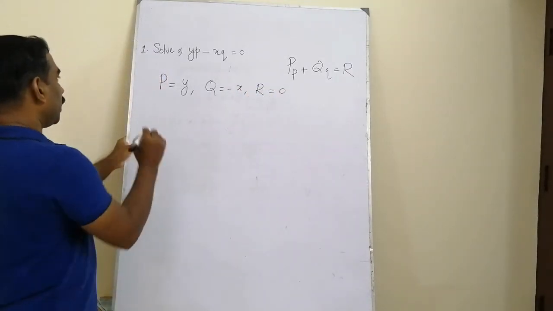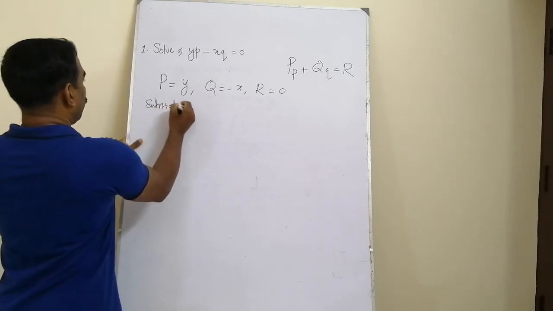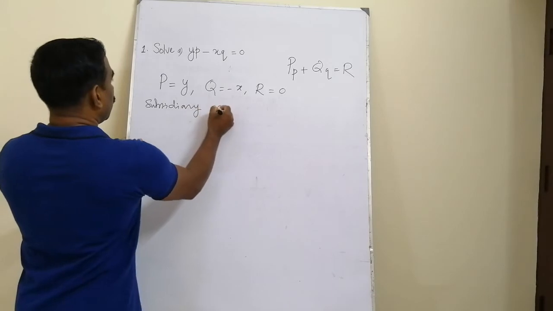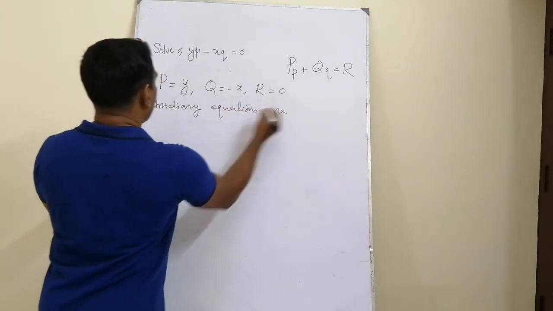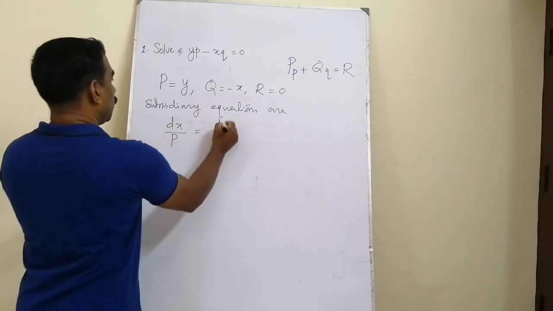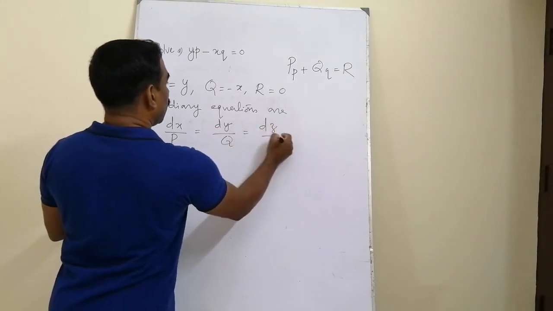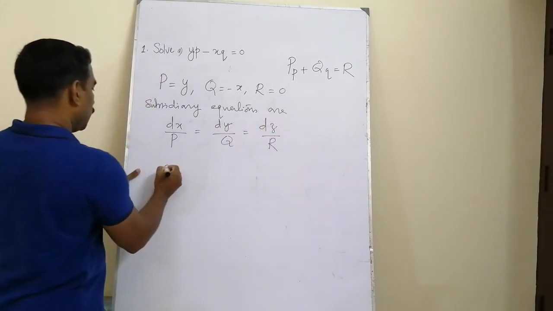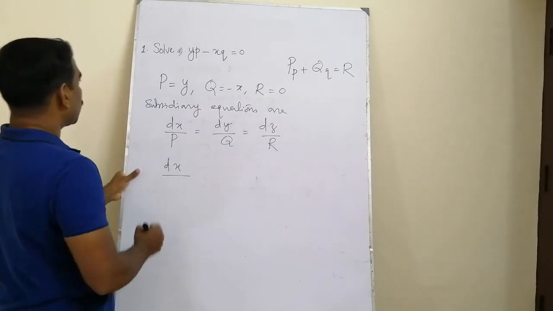Now writing the subsidiary equation, Lagrange subsidiary equations are dx by P is equal to dy by Q is equal to dz by R. That is, substituting for this capital P, Q and R. dx by, what is P?